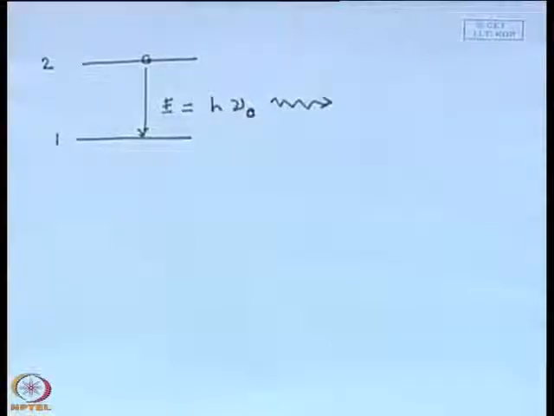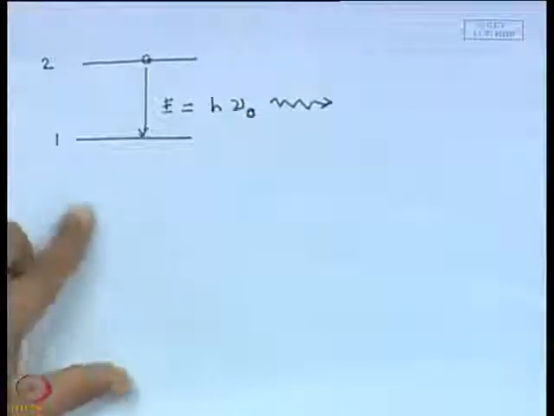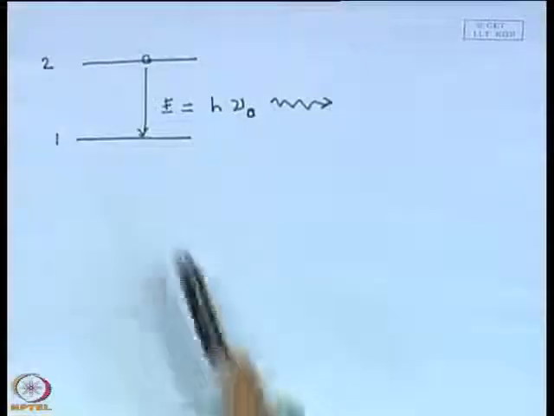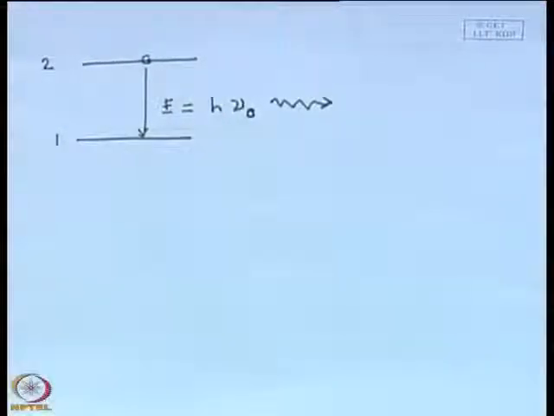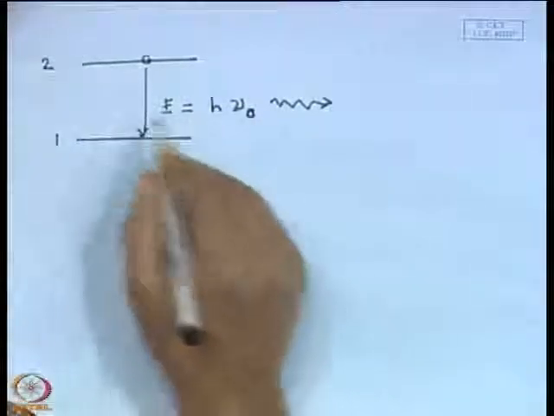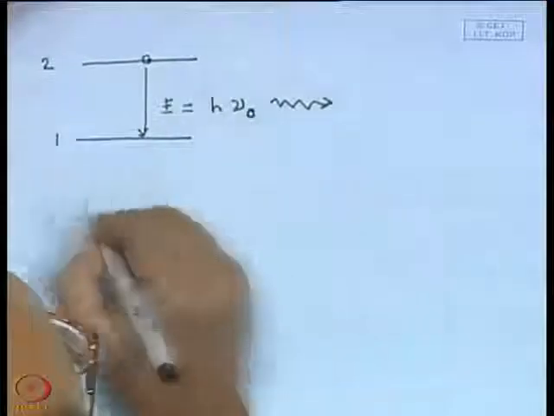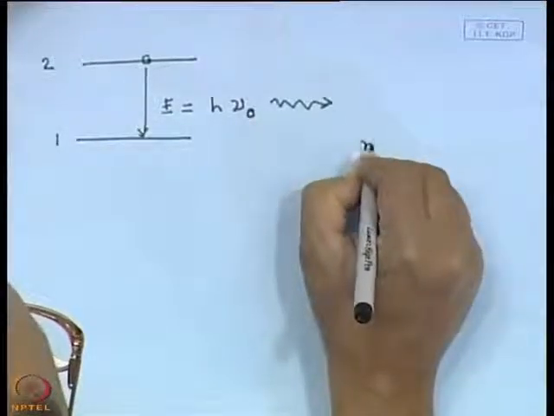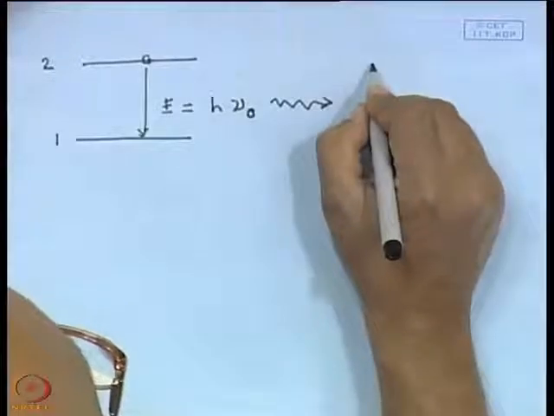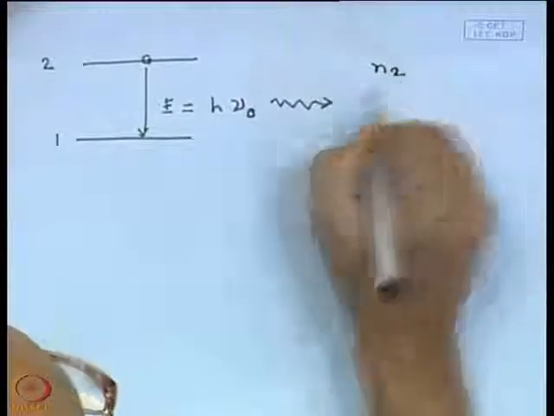So this could be the ground state of the electron, this could be an excited state, and this could be the transition between these two. And we shall denote the number density of particles, atoms or whatever systems, in the ground state using N1, and the number density of particles in the excited state using N2.